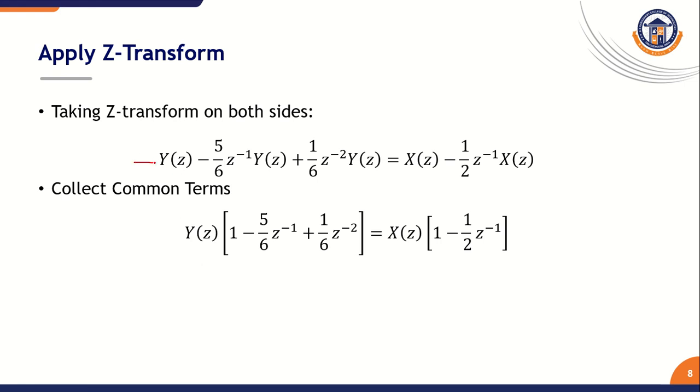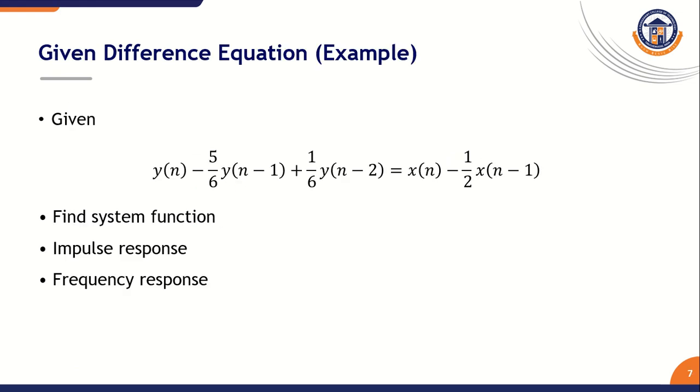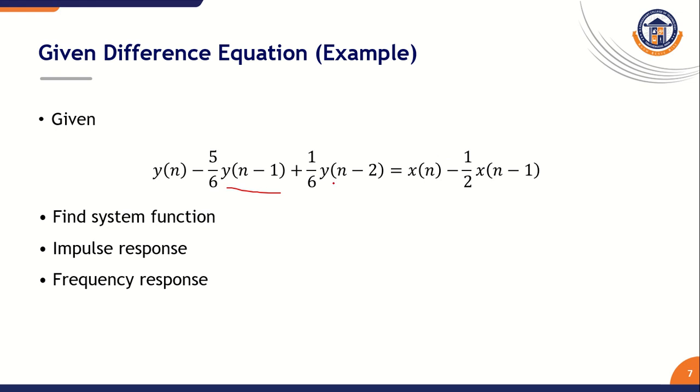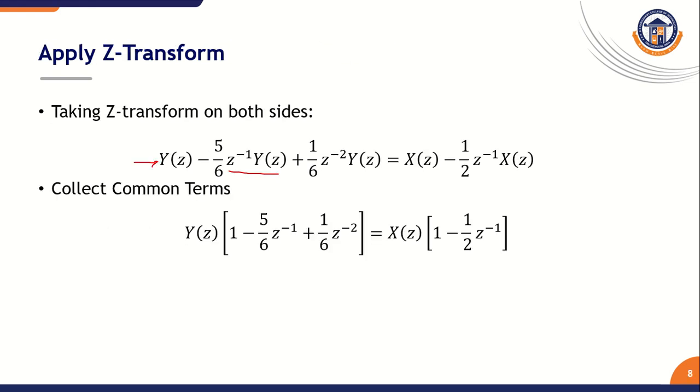Small y of n is converted into capital Y of z. Then y of n minus 1 becomes z power minus 1 into Y of z, and y of n minus 2 is written as z power minus 2 into Y of z. That is the second order equation.